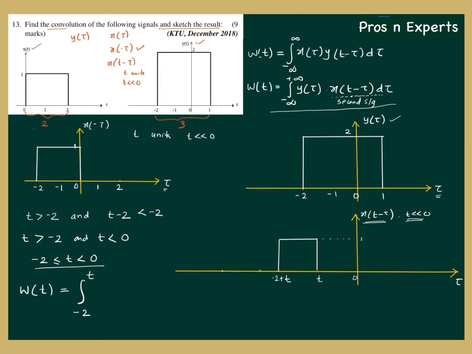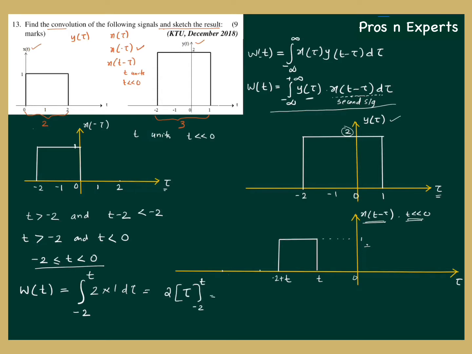So the integral from -2 to t of y of tau times x of t minus tau. What is y of tau? Y of tau amplitude is 2. Two into, what is x of t minus tau amplitude? That is 1. So 2 into 1 d tau, that is 2 into tau within the limits -2 to t.